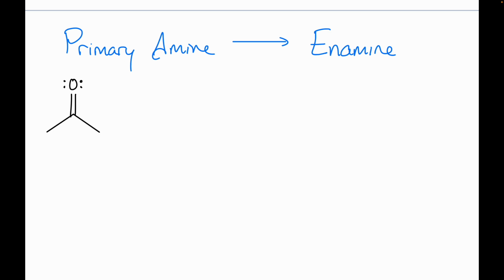All right, this is going to be kind of the most intricate mechanism that we've seen to date, so we're going to kind of use it as an exercise to try to practice drawing mechanisms here. What's up? Wasn't the primary amine the imine? Yeah, sorry. Got a lot of enes going on here.